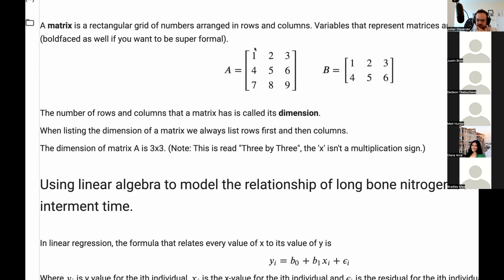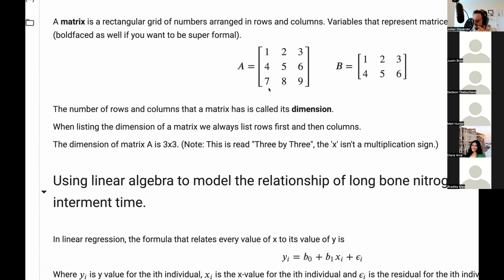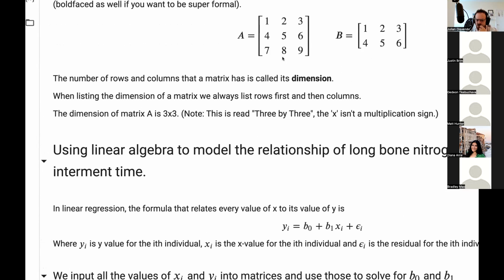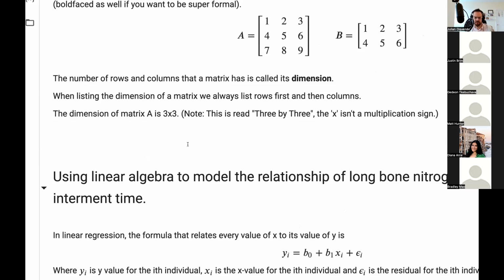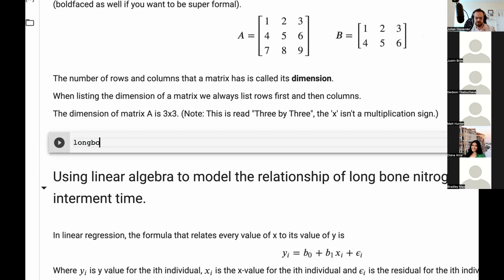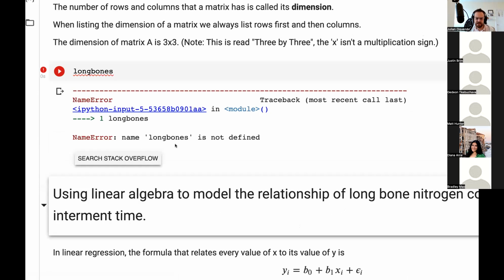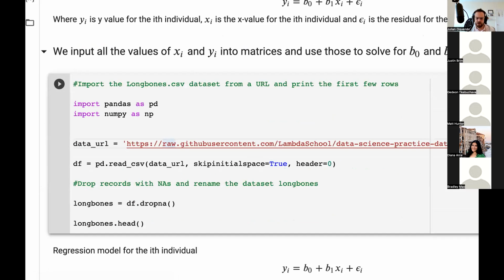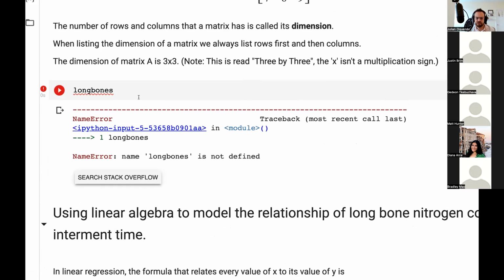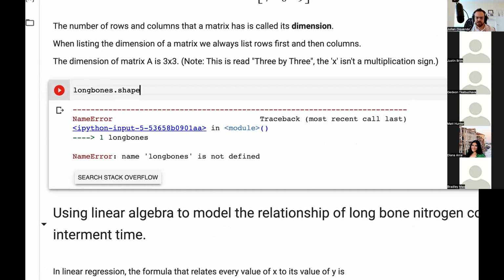The way we refer to the size of a matrix is by referring to its dimension, and we refer to the dimension of a specific matrix on a row by column basis. So here, A is 3 by 3, but B in this case is going to be a 2 by 3 matrix. And this is no different from your long bones data set, which I haven't defined yet. So let me quickly run a cell below, bring this back, and take a look at the shape.